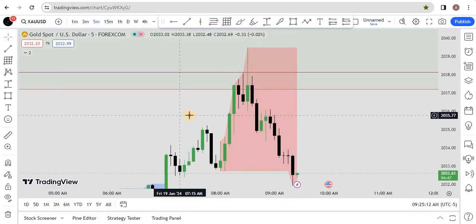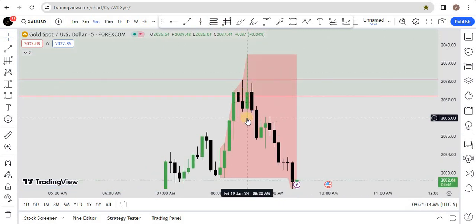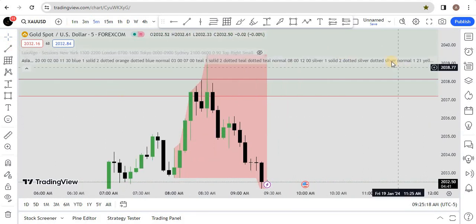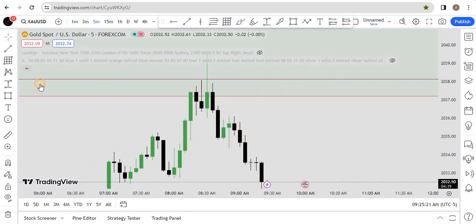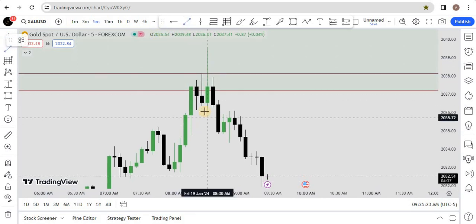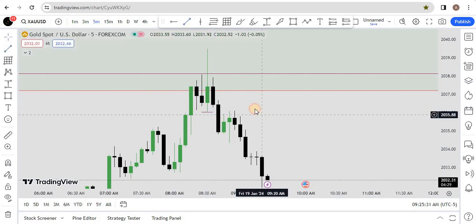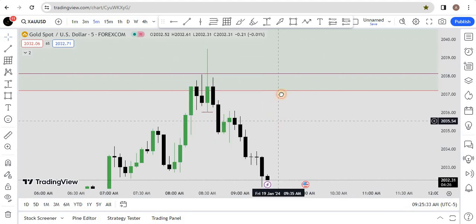If you see here, once price taps here, what do we have to wait for? We have to wait for a market structure shift with displacement, or you can say a break of structure to the downside. Here, if you see, this is the candle before and after, it did not break this low. This will be your market structure shift with displacement, okay.